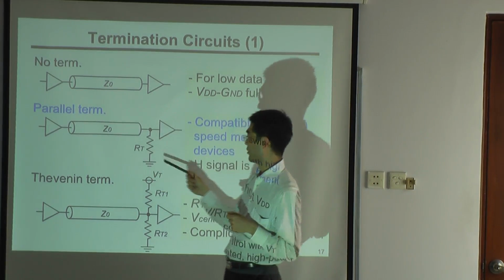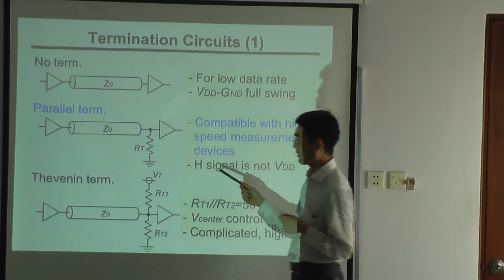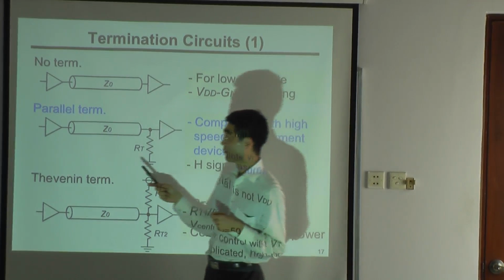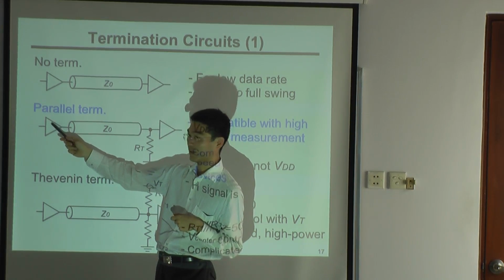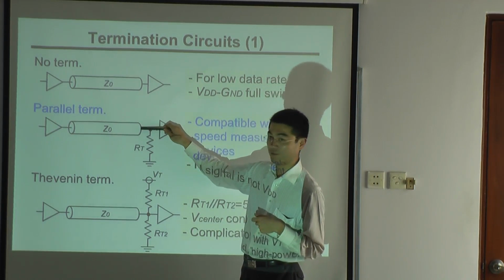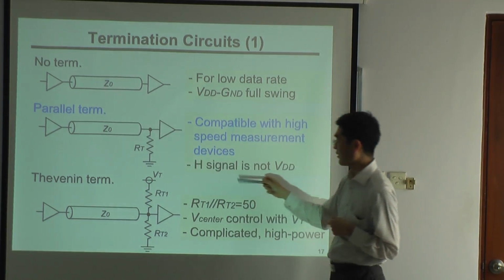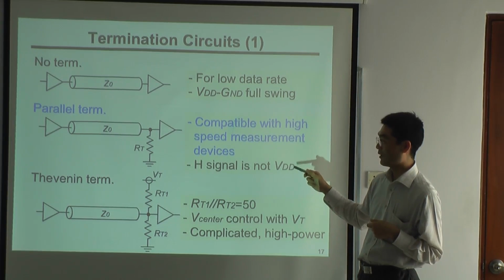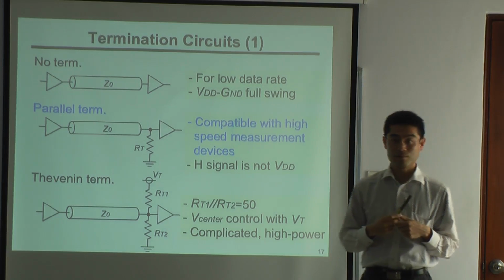So this termination is very compatible with high-speed measurement devices. Because this 50 ohm is relatively small, let's say the output impedance is 50 ohm and the load is 50 ohm, so the output voltage here is only half. So the high signal level might be a problem. But anyway, in order to avoid the reflections, we use this kind of termination very often.